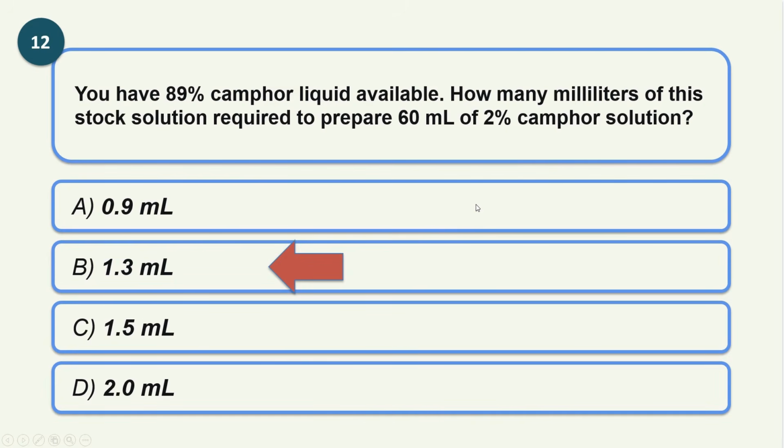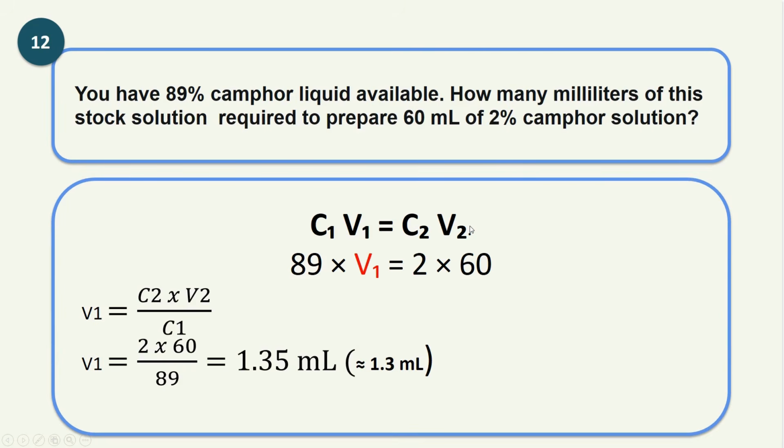So in this case, how to do this one? This is the dilution method. To calculate the dilution, use C1V1 = C2V2. So here this one is C1, and then you need to calculate V1, and then you have C2 which is 2%, and V2 that is 60 mL. So V1 equals C2 V2 divided by C1.